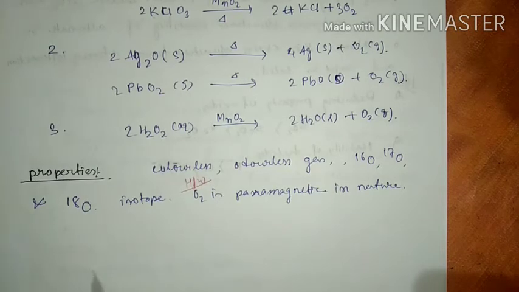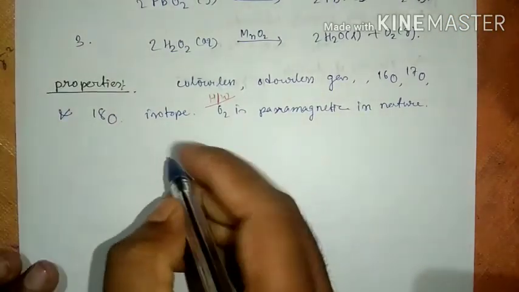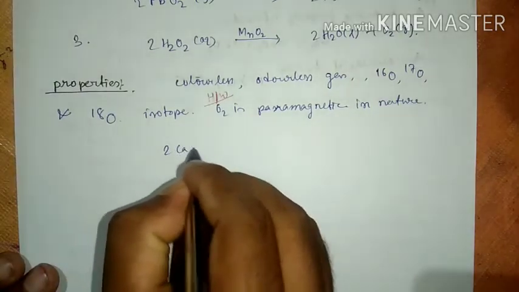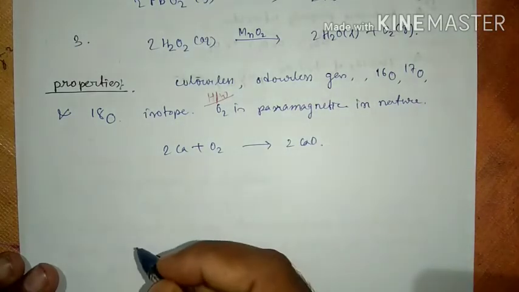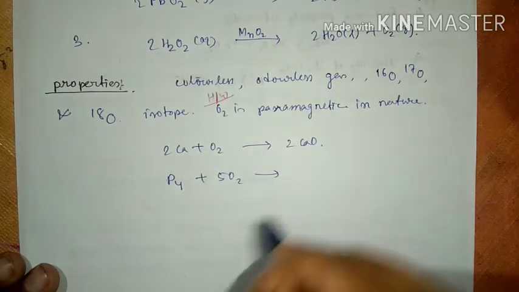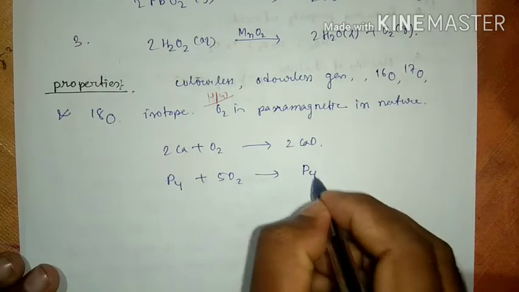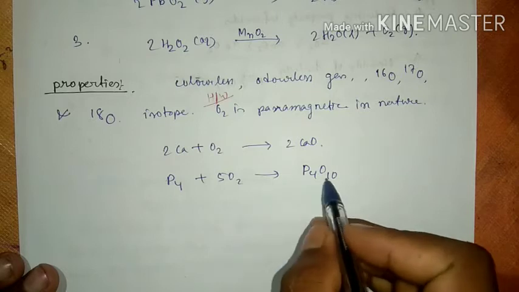Okay. Now see some common chemical reactions of oxygen. When calcium reacts with oxygen, it produces calcium oxide. When phosphorus reacts with oxygen, it produces oxide of phosphorus, that means P4O10. This one is a common reaction. Okay, P4O10.